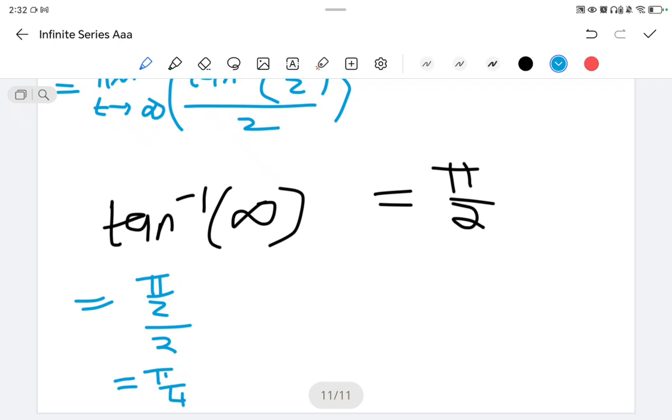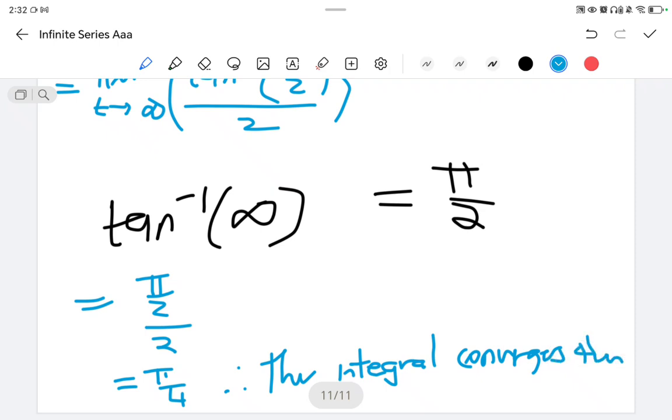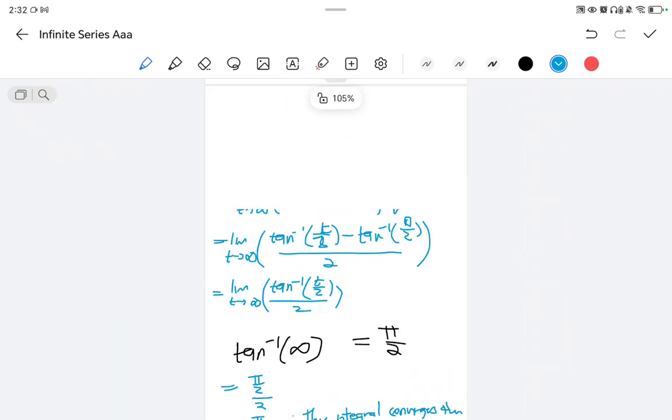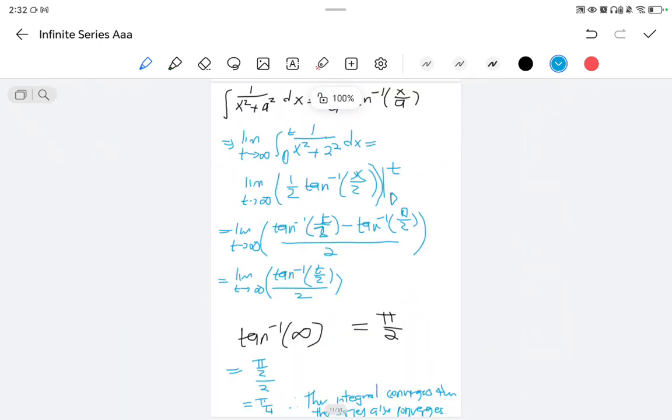Since this is pi over 4, we know that the integral converges. Then the series also converges. So always keep this in mind for the integral test.